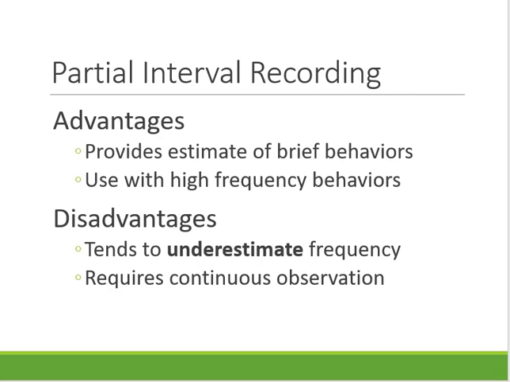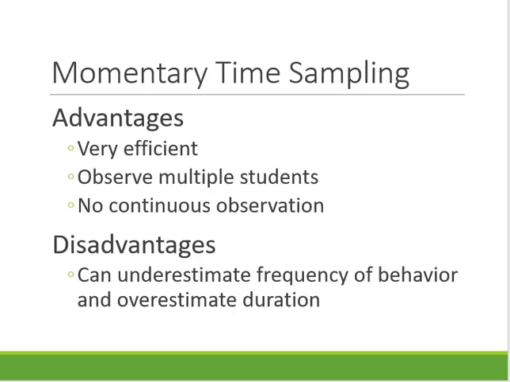Think about it, if your interval lasts 30 seconds, a brief 1 second occurrence of the behavior would cause you to count the entire interval. The larger the interval, the greater the overestimation. Like whole interval recording, partial interval recording also requires constant observation.